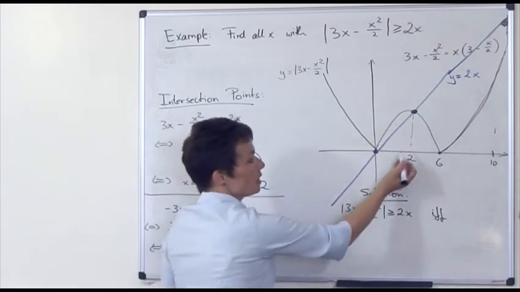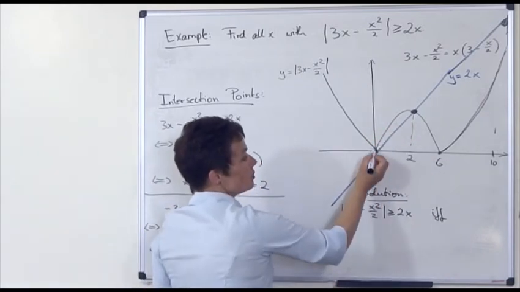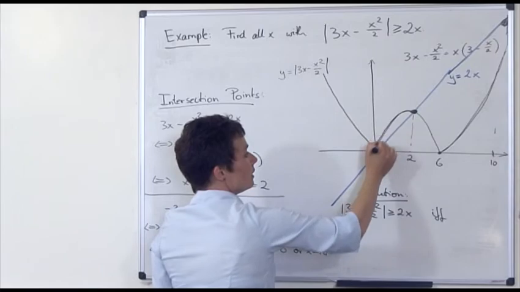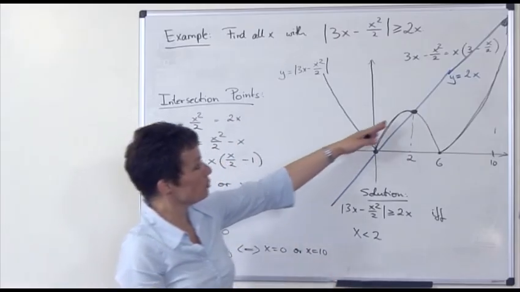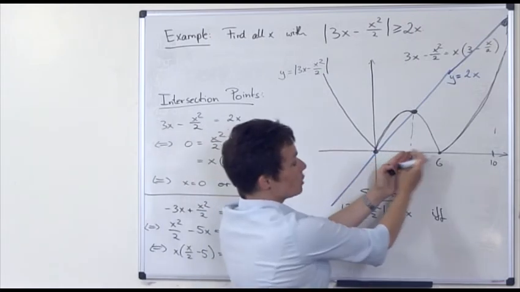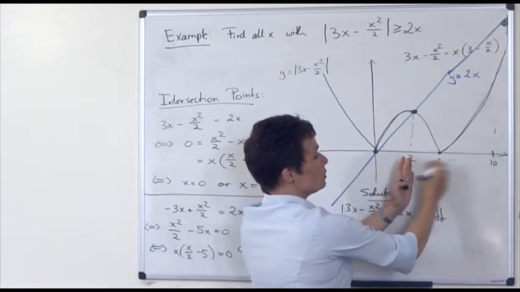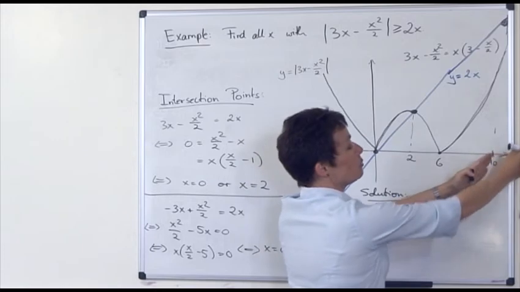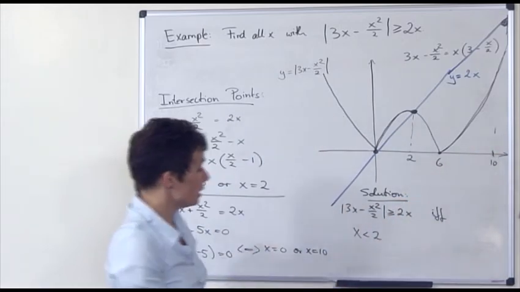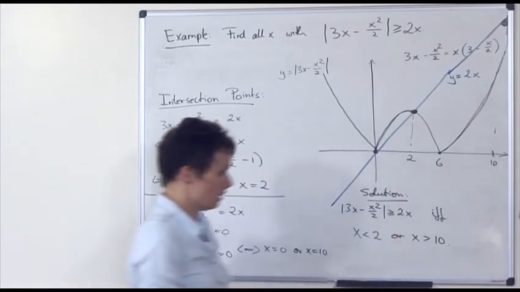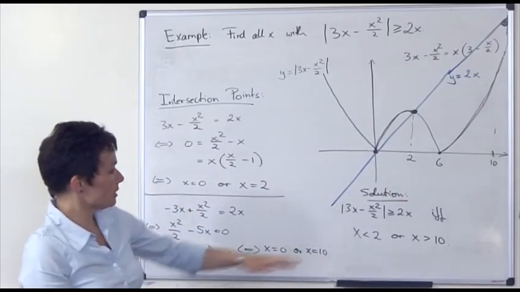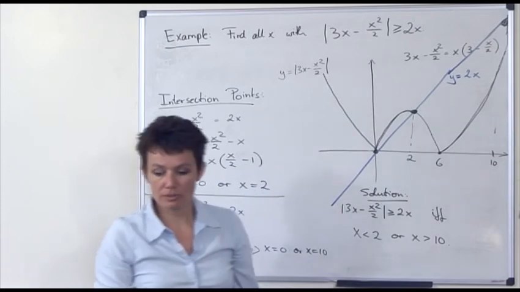We already established that for all x less than 2, anything here, the black graph lies above the blue one. We need to exclude the values between 2 and 10, and everything beyond 10 again solves the inequality. Okay, so that's the solution to this inequality.